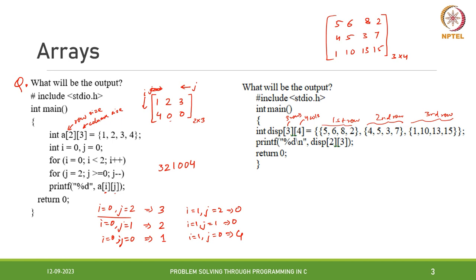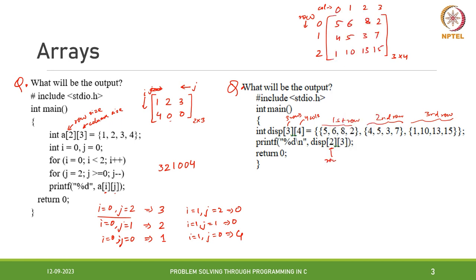So here you are just printing the value at row index 2 and column index 3. Let's see what that is. This is the row index and this is the column index. So the indices are 0, 1, 2, 3 for columns and 0, 1, 2 for rows.